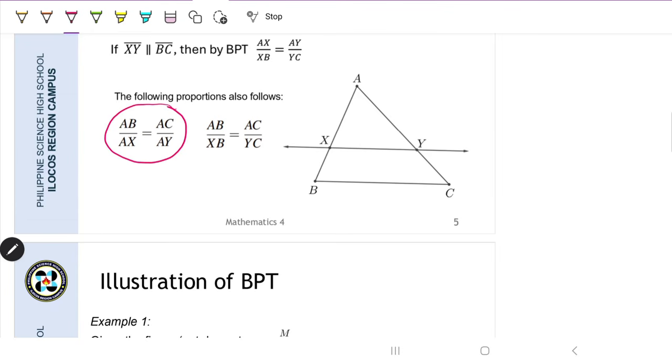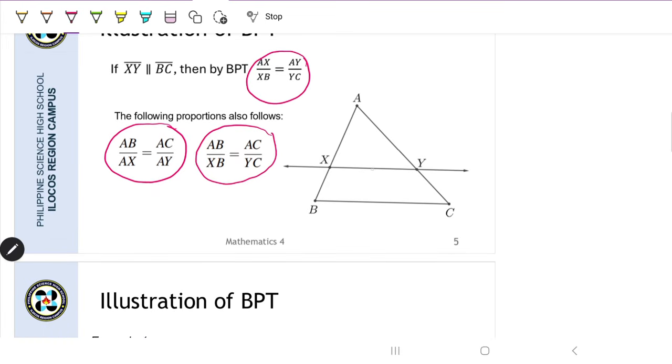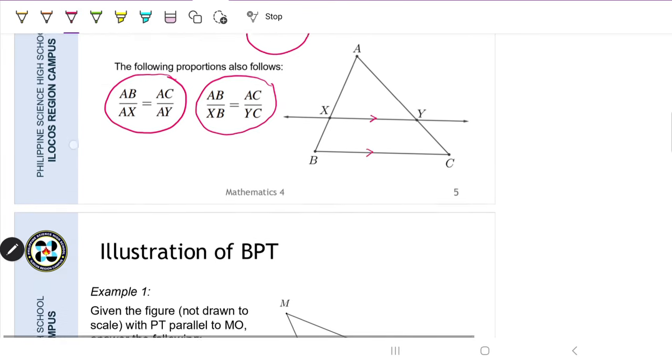And another one, the side AB divided by XB is equal to the side AC divided by YC. So these three proportions exist by BPT, provided that this line XY is parallel to the third side BC.